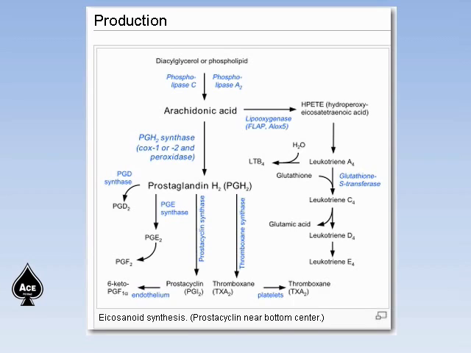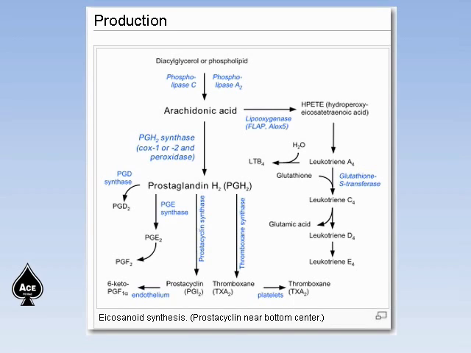PGE synthase makes it PGE2 and PGF2. Then prostacyclin synthase makes it prostacyclin PGI2, and in the endothelium it becomes 6-keto PGF1 alpha. Then thromboxane synthase converts PGH2 to thromboxane TXA2, and then in the platelets it converts to thromboxane TXA2.